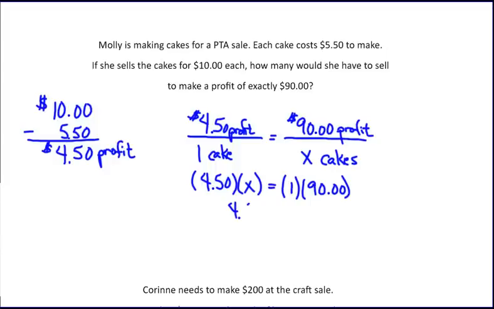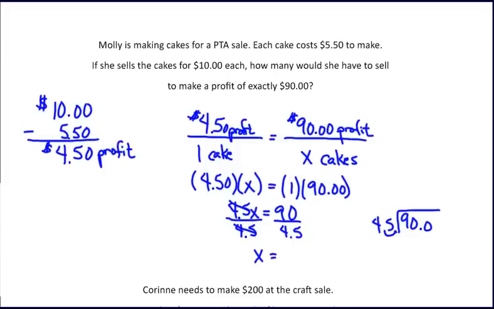Simplifying it a little bit, I realize that I need to be able to get my x alone. Let's divide by the coefficient of x, which is 4.5, and we must do it on the other side as well. Now we have the x alone on the left. All we need to do is take 90 and divide it by 4.5.